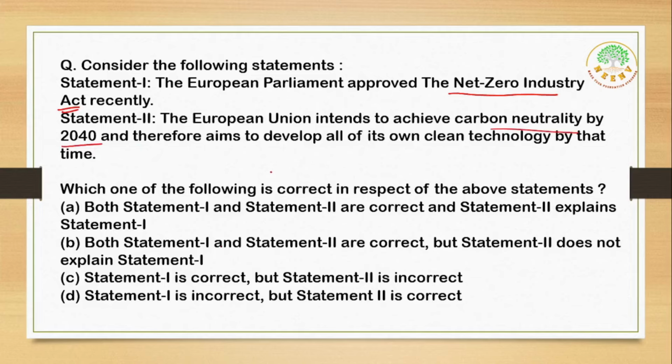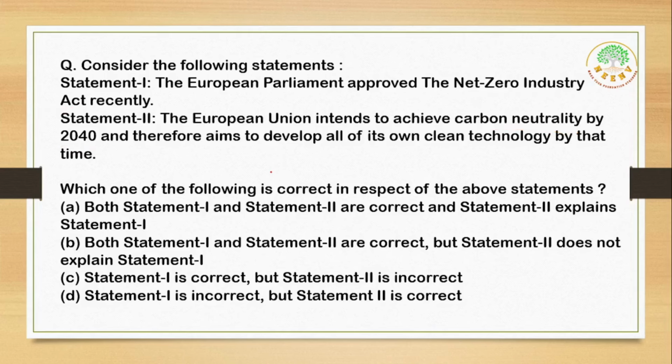Whenever there is any fact, you have to be very careful because it is difficult to go wrong in a conceptual question, but it is very easy to go wrong in a factual question because we tend to overlook the facts. So this question says that the European Parliament recently approved the Net Zero Industry Act, and statement 2 says that the EU is trying to achieve carbon neutrality by 2040.